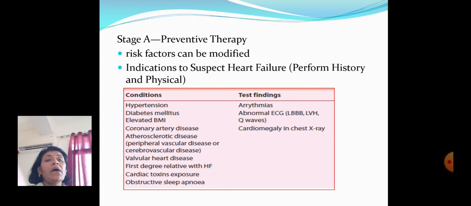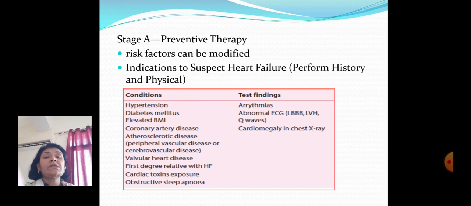There are hypertensive patients, diabetic patients, patients with elevated BMI, the coronary artery disease patients having atherosclerotic disease like evidence of peripheral vascular disease or any event of cerebrovascular disease, then patients with valvular heart disease, first degree relatives with heart failure patients, then cardiac toxin exposure history, or the presence of obstructive sleep apnea.